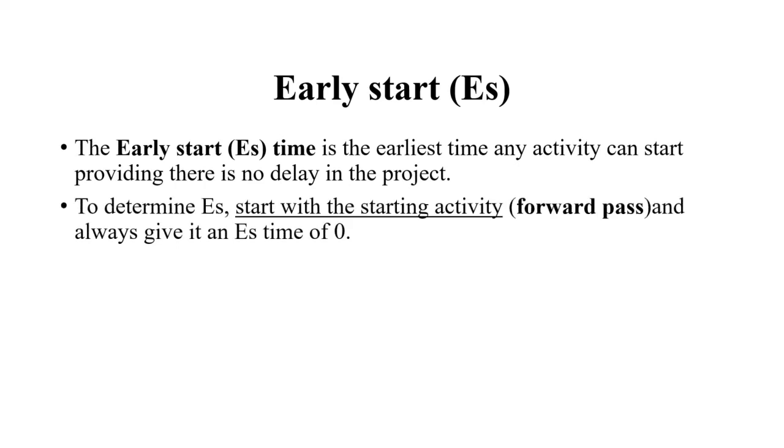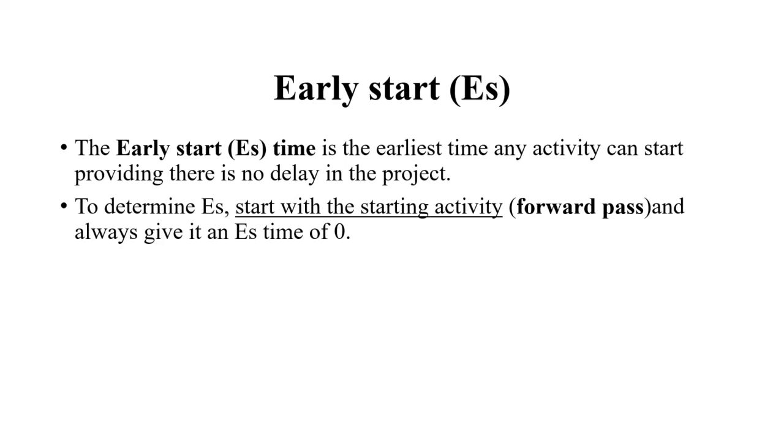First one, early start. This is the earliest time any activity can start, providing there's no delay in the project. To determine the early start, we usually start with the starting activity, and that procedure is called the forward pass. The starting activity is always given an early start time of 0. Reason being, if we were to give it, say, a 1, starting on day 1, then that would throw off the calculations and the times for the activity.